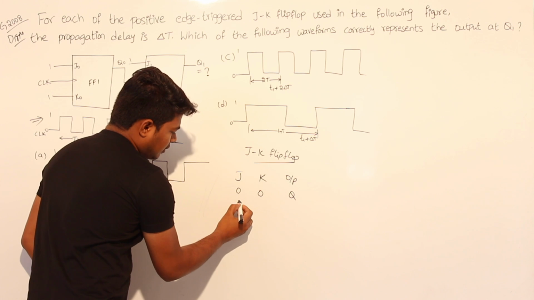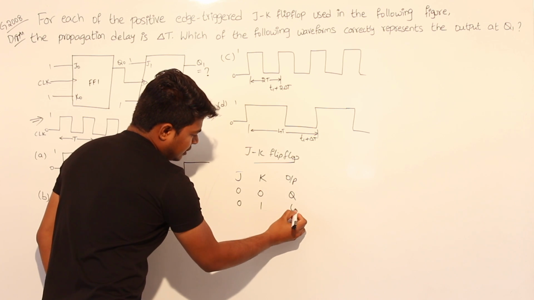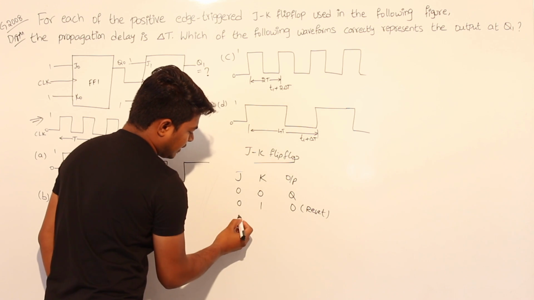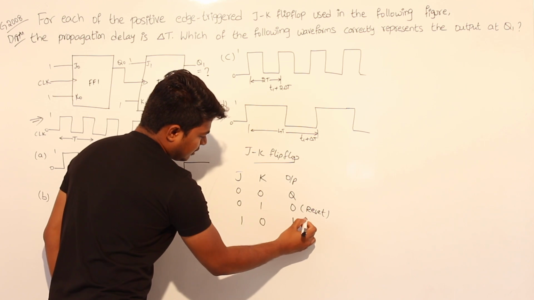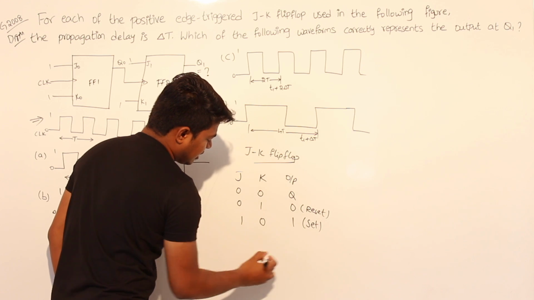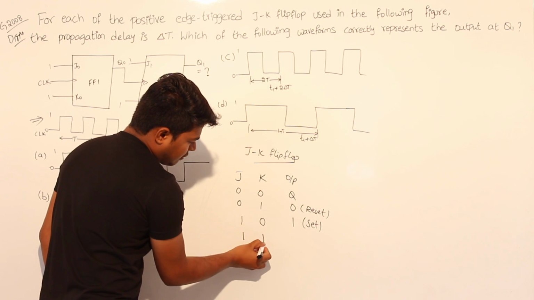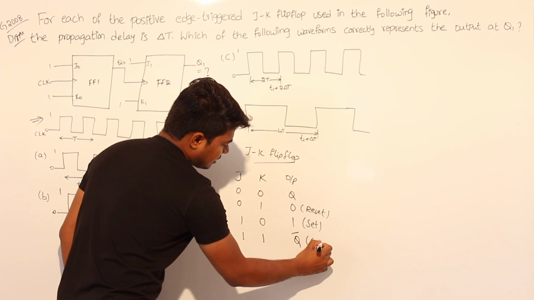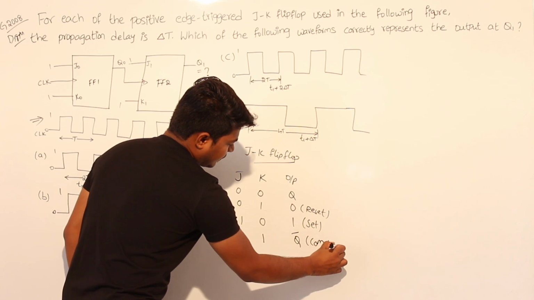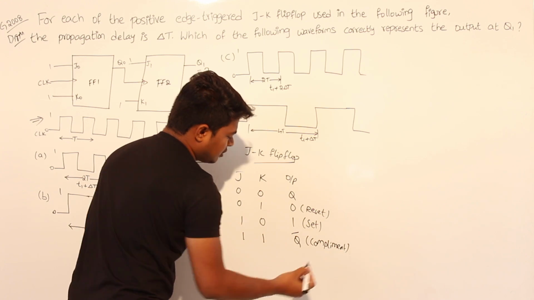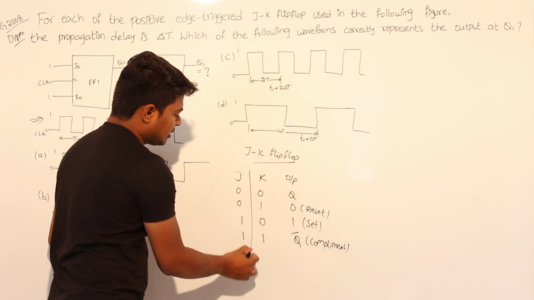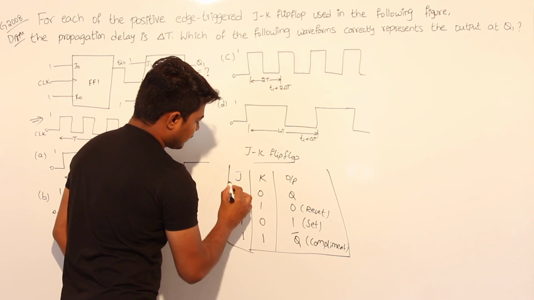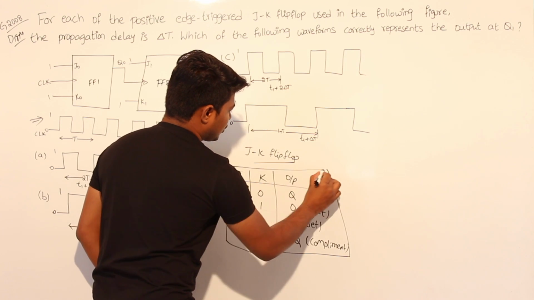For 0 and 1, it will be 0, or reset state. For 1 and 0, it will be 1. This can be called the set state. For J equal to 1, K equal to 1, output will be Q bar. It is called the complement state. So this is how we can tabulate the truth table for the JK flip-flop. This is one of the important truth tables you should remember.